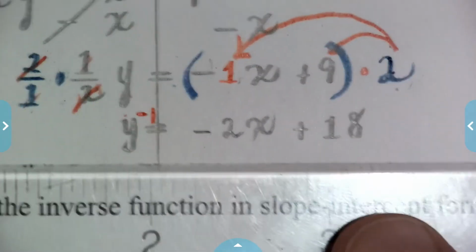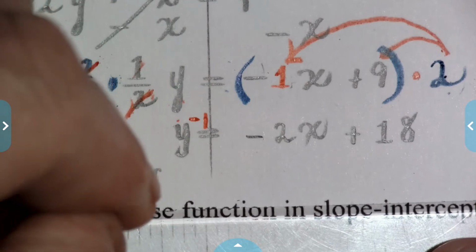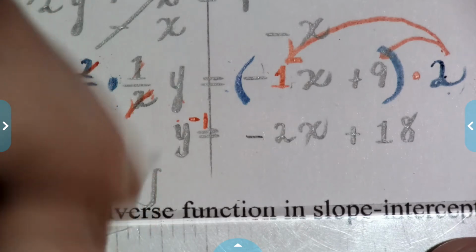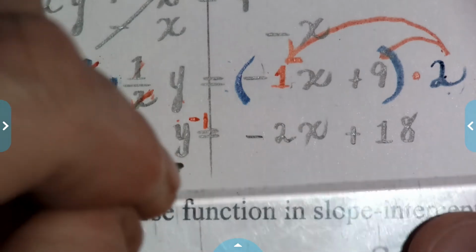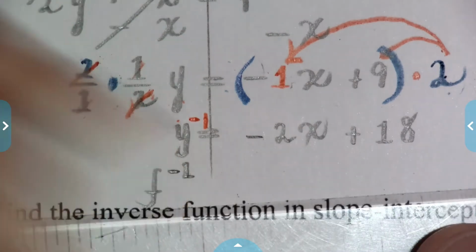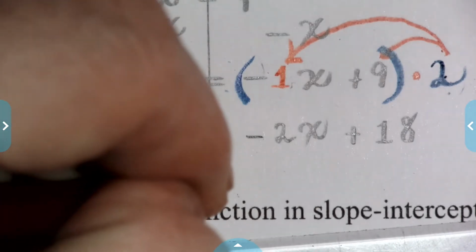So let's go down here and swap out that y for the function notation. So it's f inverse, again that's that negative 1 exponent, of x equals negative 2x plus 18.